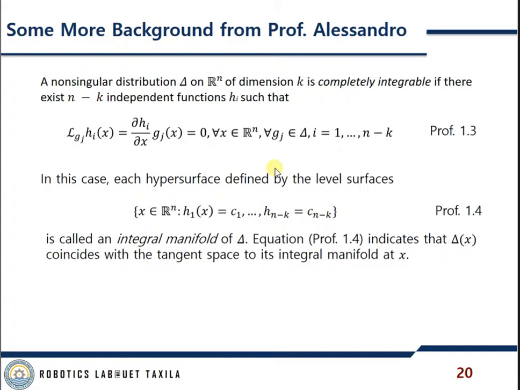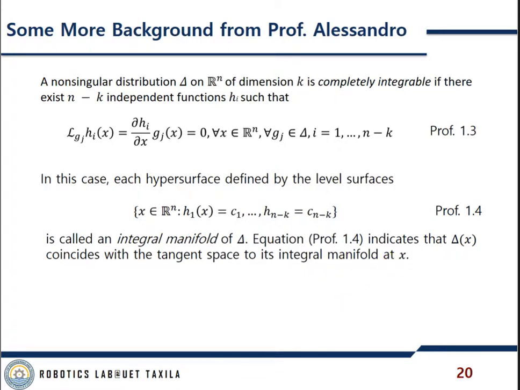So equation 1.4 by Professor Alessandro indicates that the accessibility distribution coincides with the tangent space to its integral manifold at x.